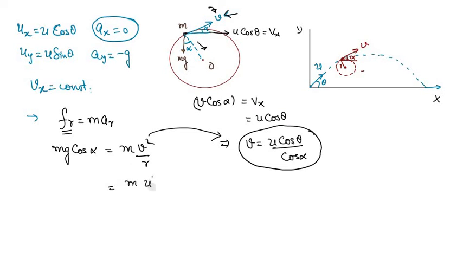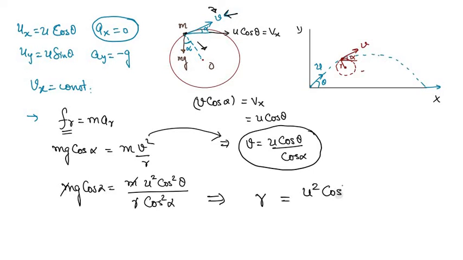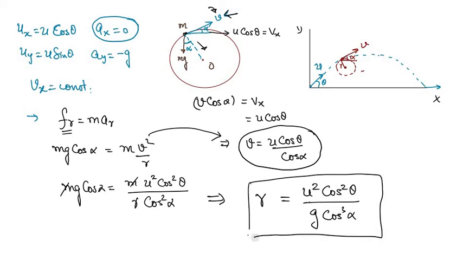So this is m u square cos square theta divided by cos square alpha, equal to mg cos alpha. m will cancel. Sorry, I missed one r here. So r is equal to u square cos square theta divided by g cos cube alpha. So that is the radius of curvature at any given instant of time when the velocity makes an angle alpha with the horizontal.